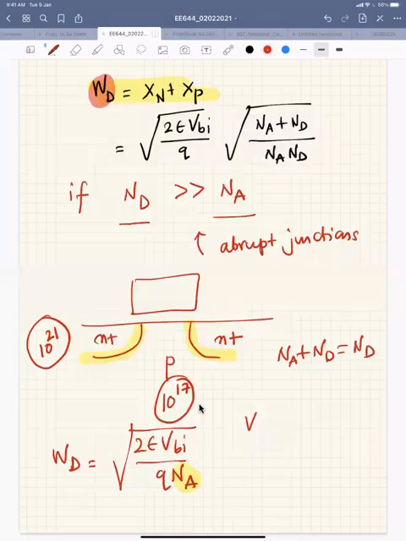And your electric field across this junction will be determined by the doping of the P side. So in abrupt junctions, which we'll encounter a lot in our transistors, the properties of the junction will depend on the lowest doped side, right?